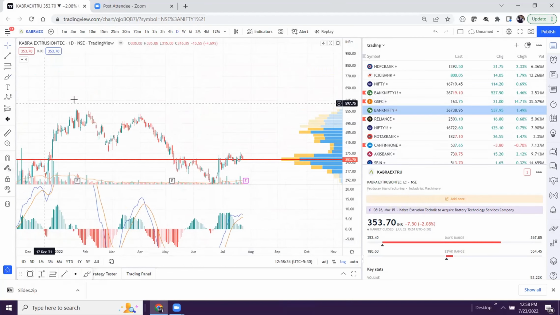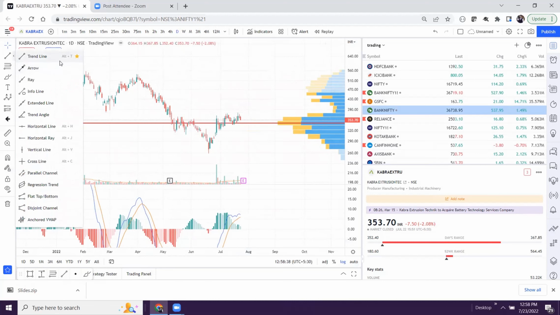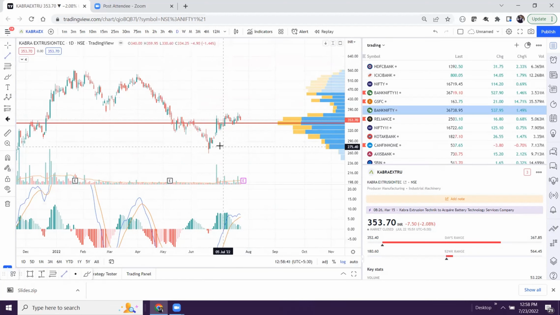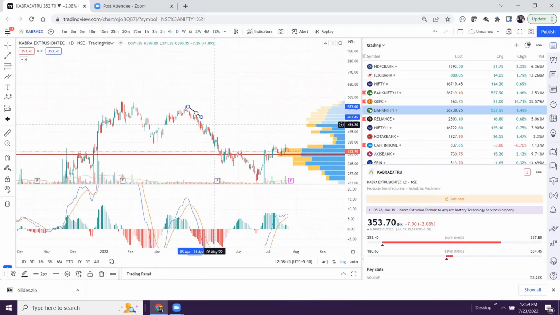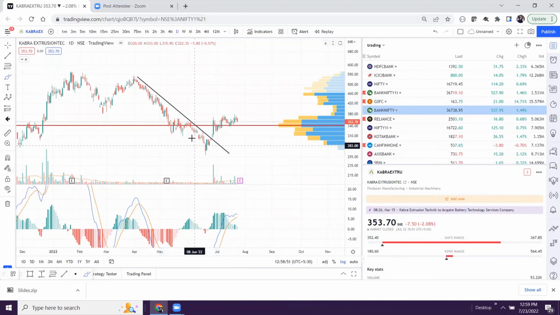So now you can enter for a small, like, now how to take entries. We are not sure whether we will get 5 waves or 3 waves. So what we can do is draw like this. At this point, when you see on the daily chart the last end, this is over, so you can enter here.